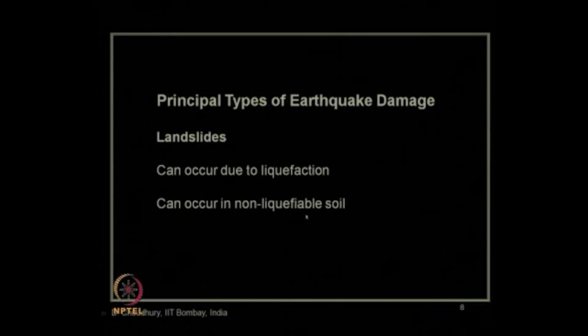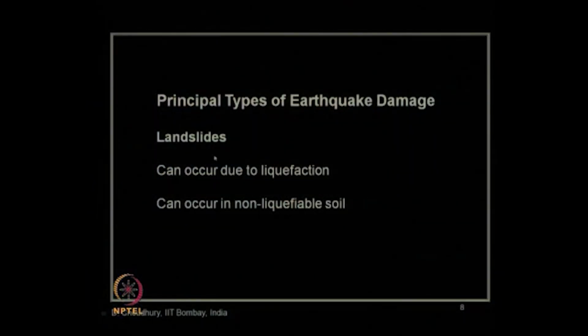Even on stiff soil or when there is no water present, there is no chance of the material getting liquefied. Even in that case, due to extra horizontal load or shaking due to the earthquake, the slope instability problem may arise. So, one damage can be due to liquefaction for the landslide or the slope instability to occur. Another can be even in non-liquefied soil due to the additional earthquake loads.